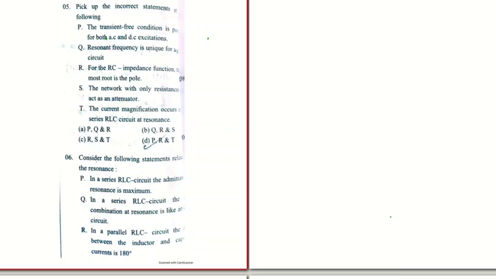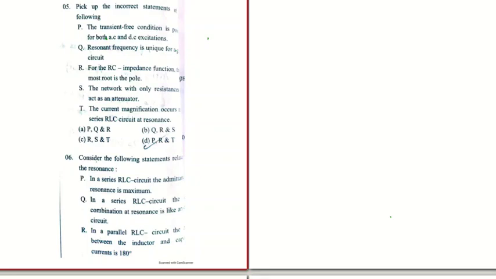But in case of L and C, the inductor and capacitor, they are memory elements. They can store energy in the form of a magnetic field and electric field, right? So if they are in the circuit, transient will occur. So this statement is false.